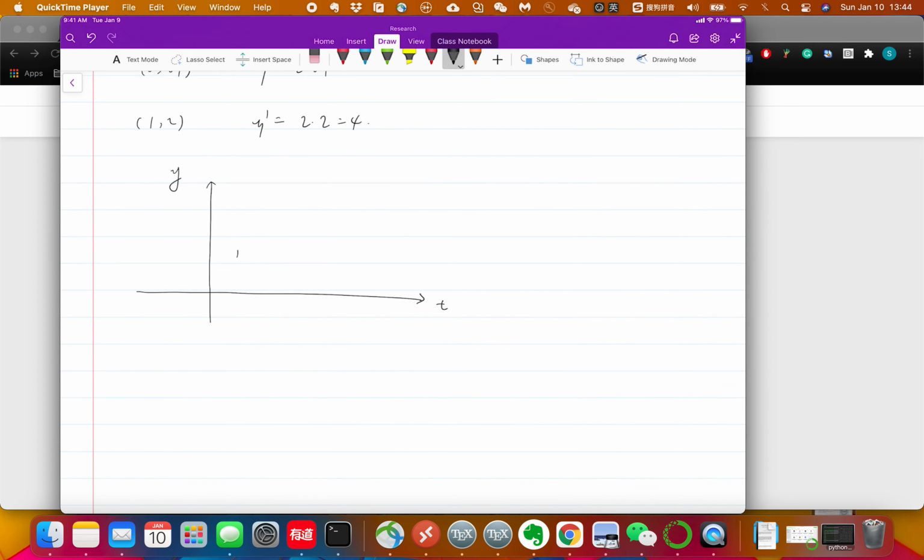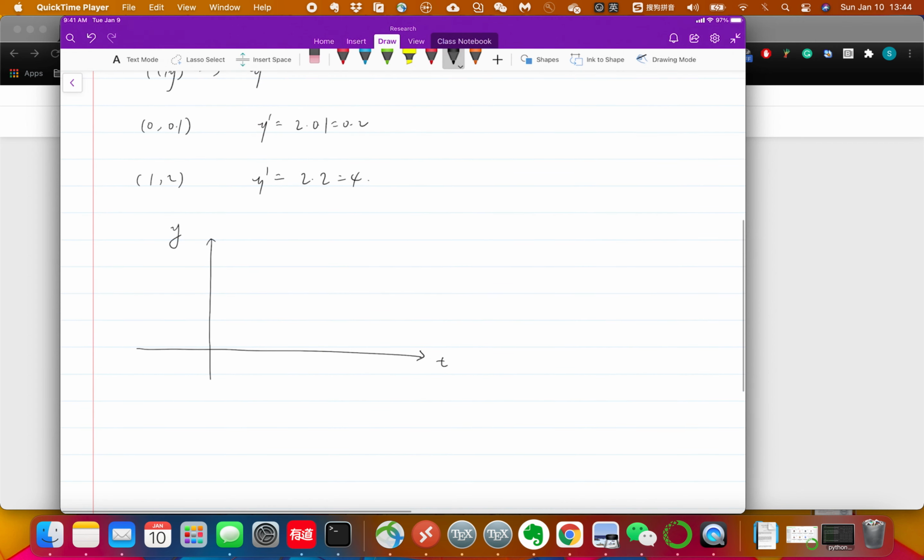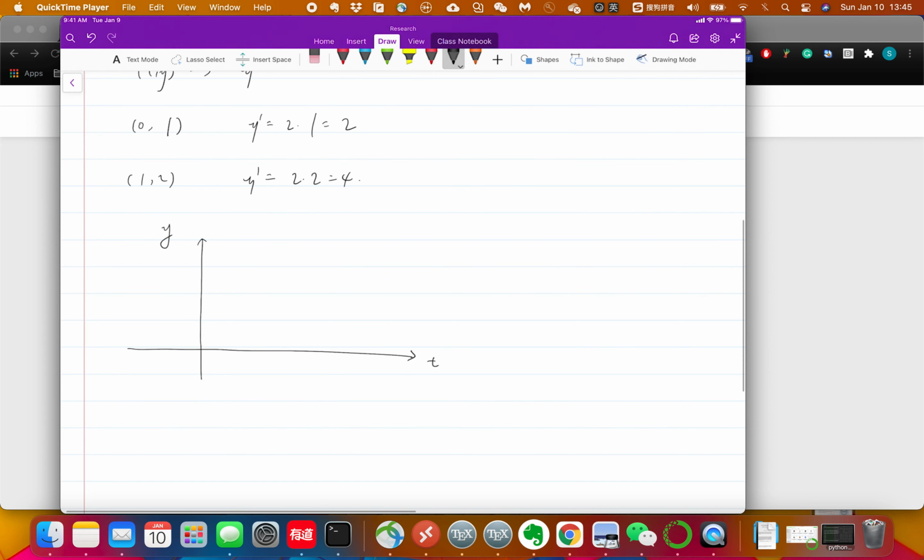For example, the vector I have here at 2, 0.1, let's do 2, 1 for me to draw, is going to be 2. It simply means if I find the point 0, 1, here I'm going to have a vector. If I assign this to be 1, then this is going to be 2.